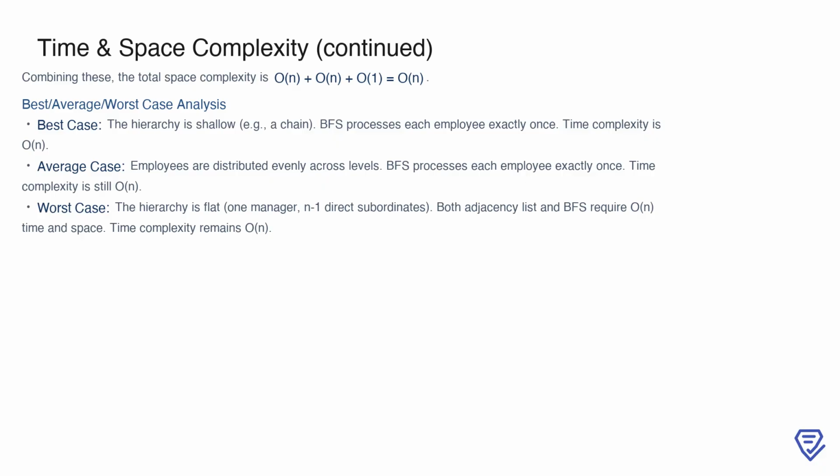Even in this case, BFS still processes each employee exactly once, so the time complexity doesn't change, it's still O(n). The worst-case scenario occurs with a flat hierarchy, where the head manager directly oversees all other employees. In this case, both the adjacency list and BFS require O(n) time and space, but the time complexity remains O(n). Regardless of the structure, the algorithm consistently achieves linear time complexity.